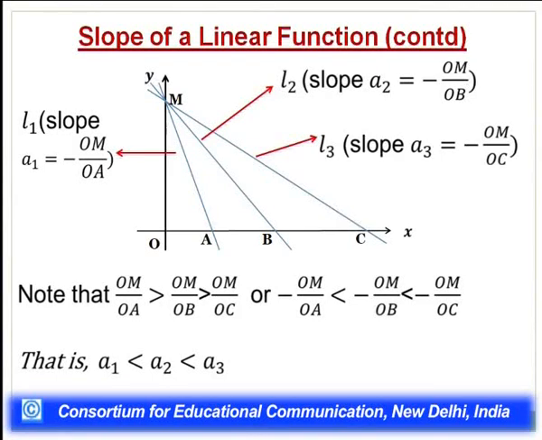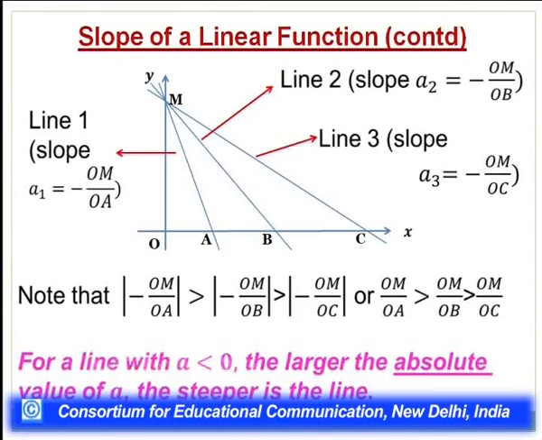But the point here is that if we ignore the negative sign and we look at the absolute value of the slopes, then we have that OM upon OA, which is the absolute value of the slope of the first line, is going to be greater than OM upon OB is greater than OM upon OC. So if we interpret this absolute value of the slope to represent the steepness of the line, then in that sense our result would be absolutely right, that this first line is the steepest because it has the largest value of the slope in an absolute value sense.